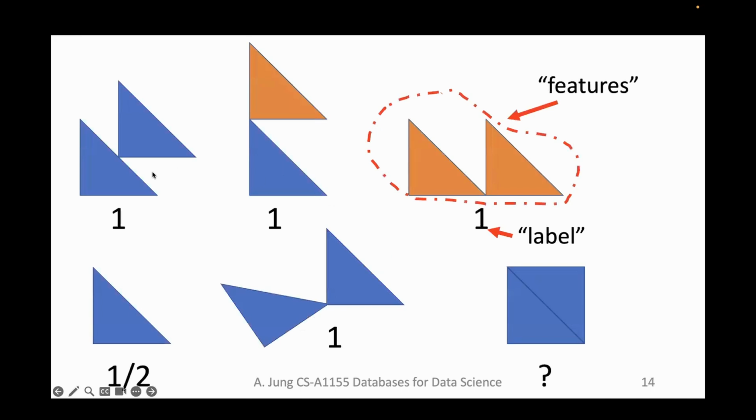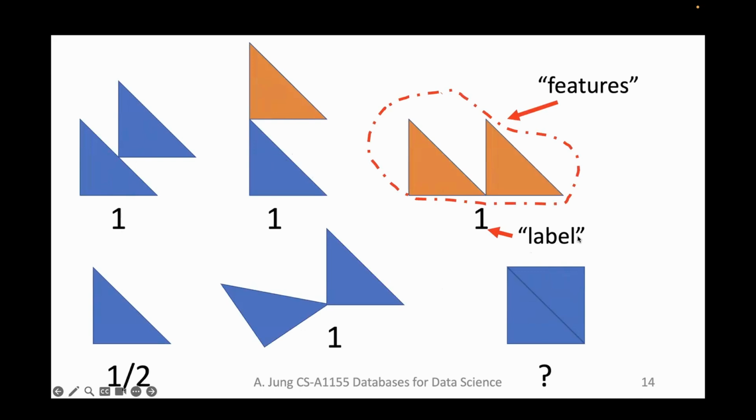Here's another example. I show you a sequence of geometrical figures along with a number. This figure I assign the number 1, and so on and so forth. So what would be your guess? What is the number that should be assigned to the last figure on the bottom right? 1.